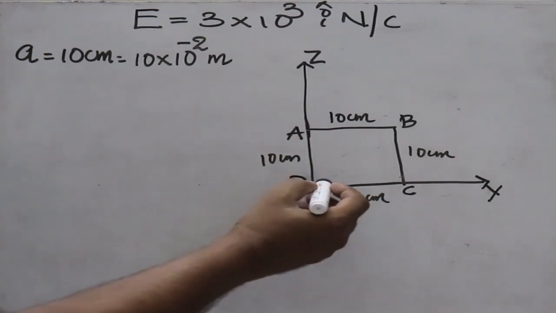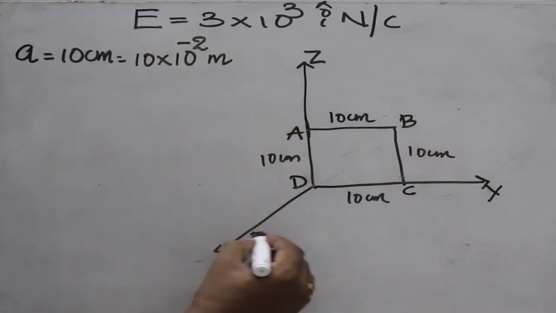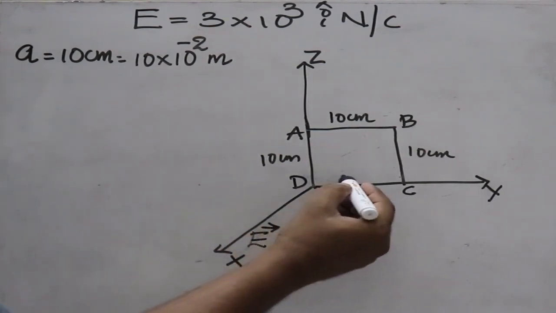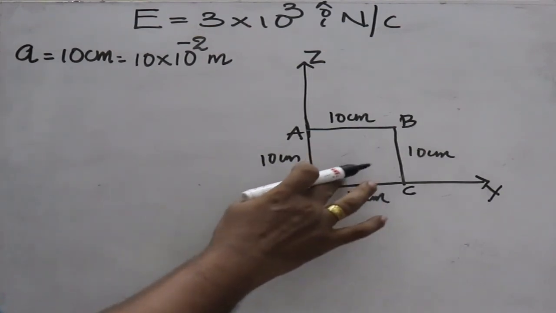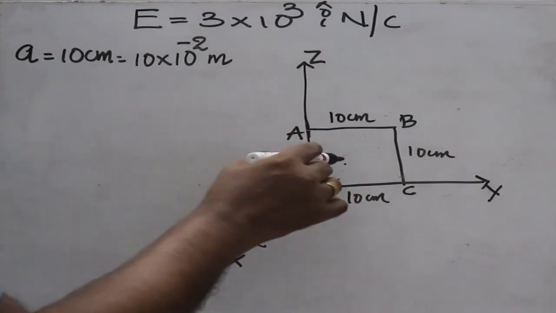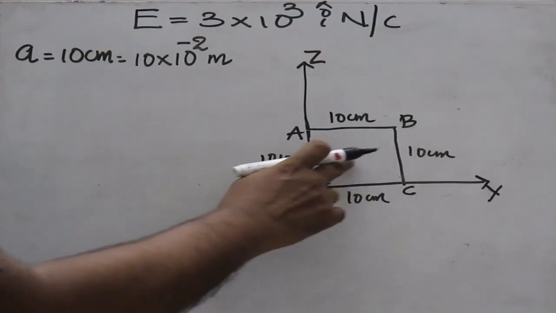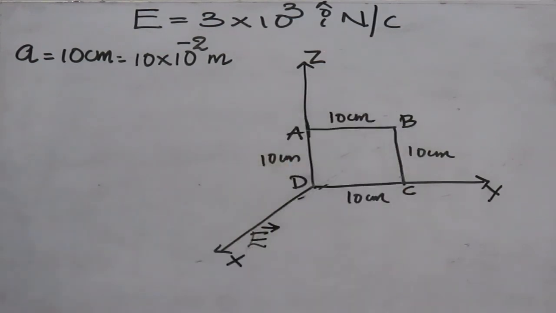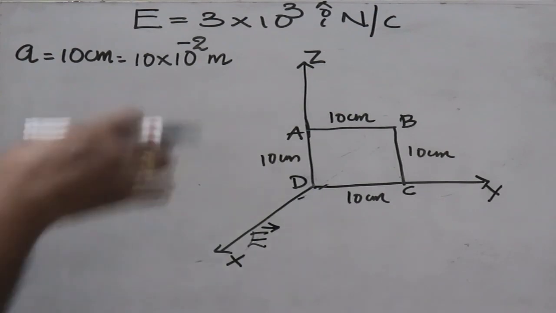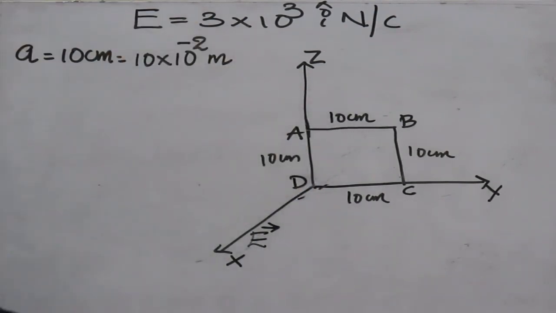Now consider the area vector. For a plane surface, the area vector acts perpendicular to the surface.